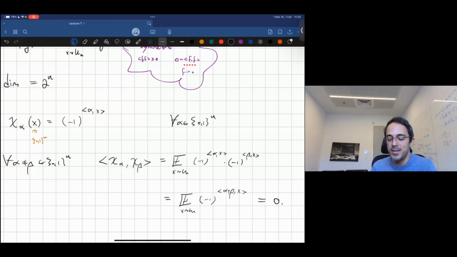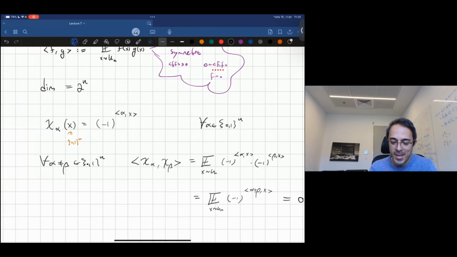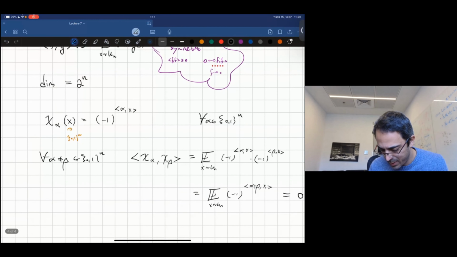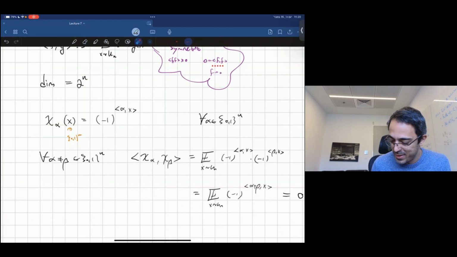Good. So this means that these functions are orthogonal. You have as many as the dimension of the space. So this means that this is a basis, right? It's an orthogonal basis. Not just a basis, it's actually also an orthonormal basis, because the inner product of chi alpha with chi alpha is just 1.